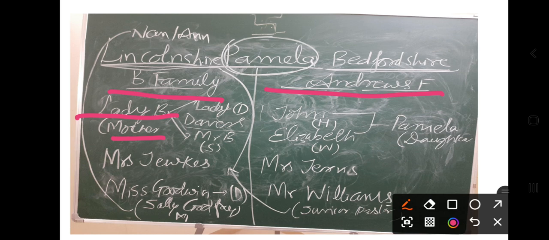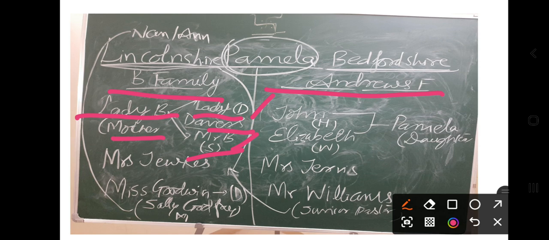First is the senior married daughter, Lady Davis. She is the daughter of Lady B, and she is married, that's why she is Lady Davis. And number two, Mr. B, that's a son, and she is a daughter, right? So this is the first family.